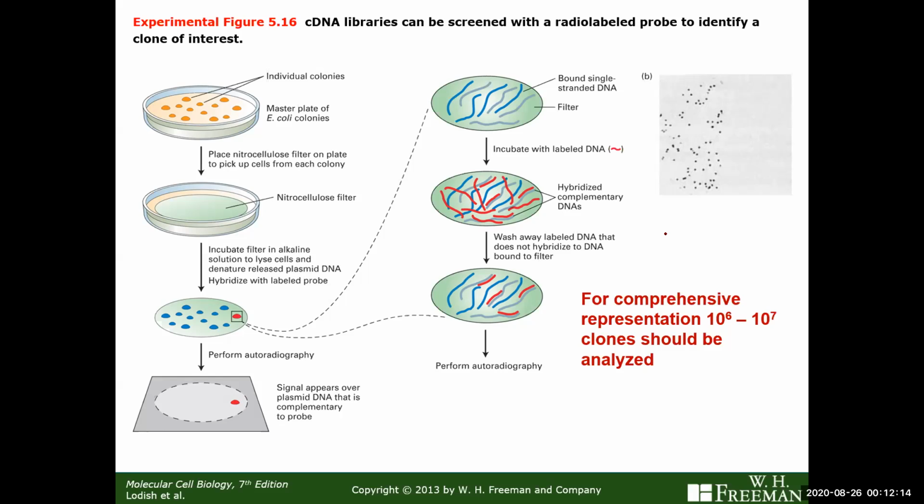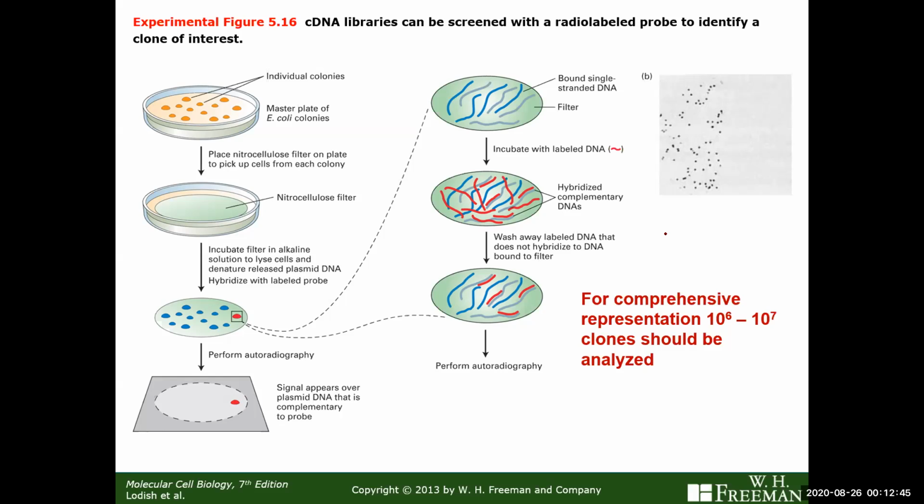The different bacteria, you have plated them, and again you make a replica plate. The original will serve as your reservoir where you can go back when you have identified your important clone. If there are, say, 300 colonies per plate, then you are talking about 3,000 to 30,000 plates where you have plated your entire library.